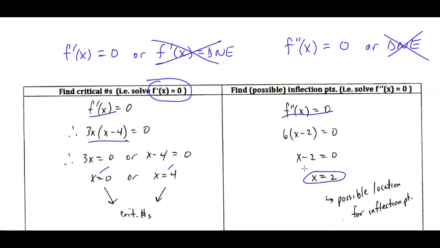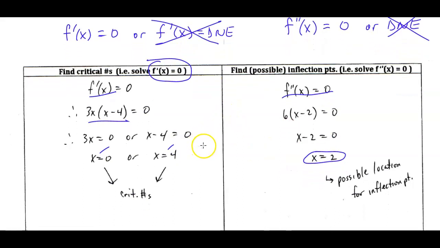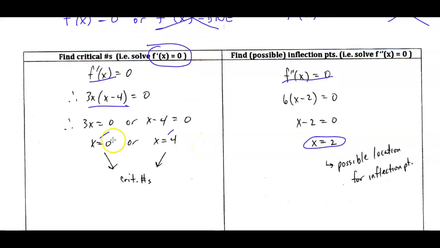And of course, since we're dealing with a polynomial function and it is defined and continuous everywhere, we know that it actually will be an inflection point there. We'll just have to find out what that corresponding y value is for this x value. Now, we have found the critical numbers as well as the possible location for an inflection point here.